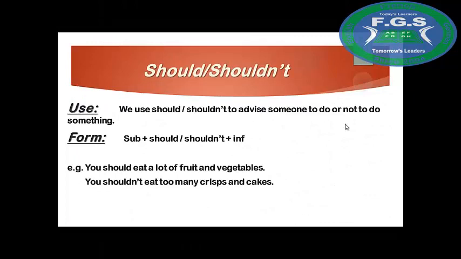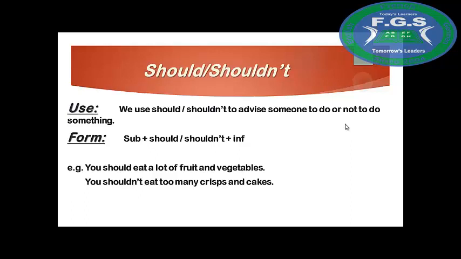The last grammar point: should and shouldn't. All of you know we use should and shouldn't for giving advice. When you want to advise someone to do something or not to do something, you have to use should and shouldn't. The form is subject plus should or shouldn't plus infinitive.